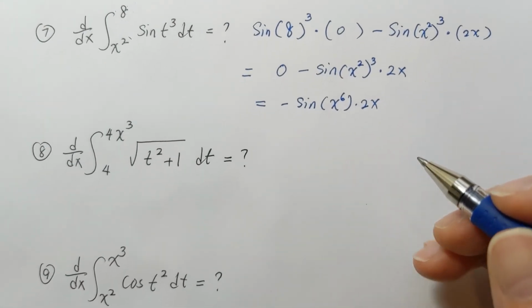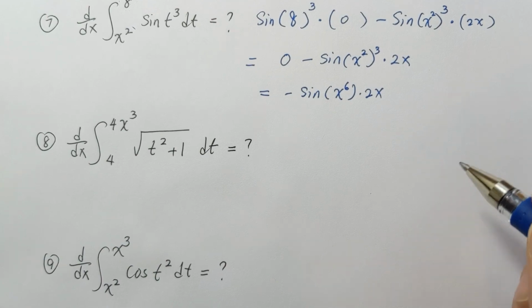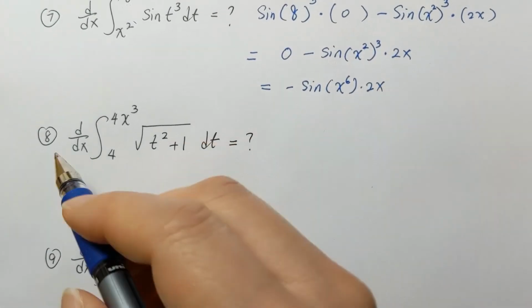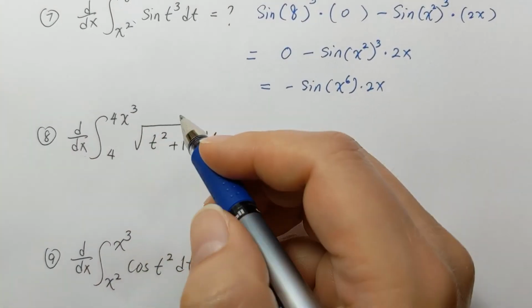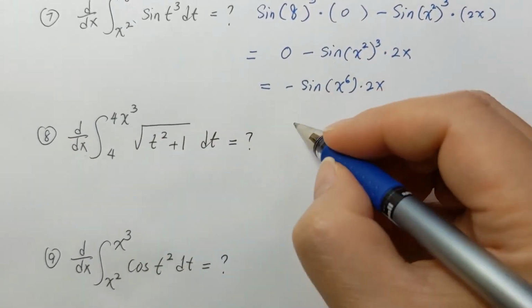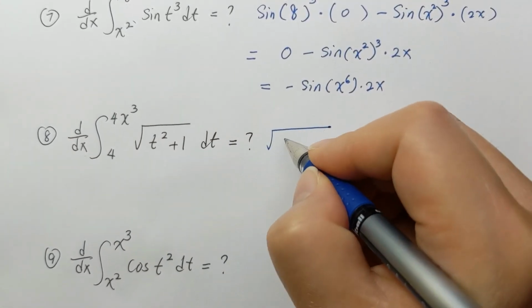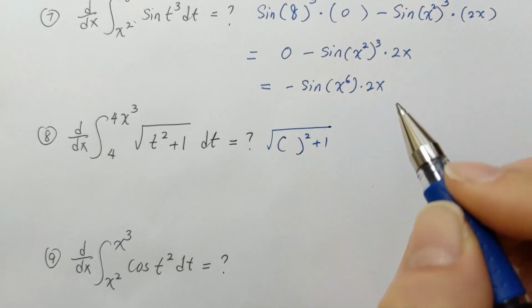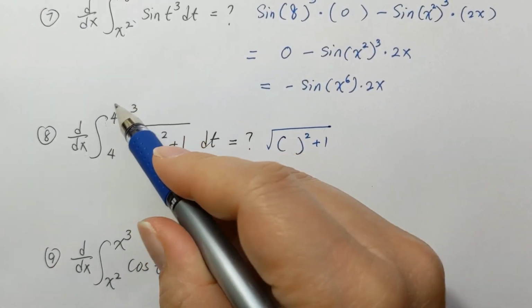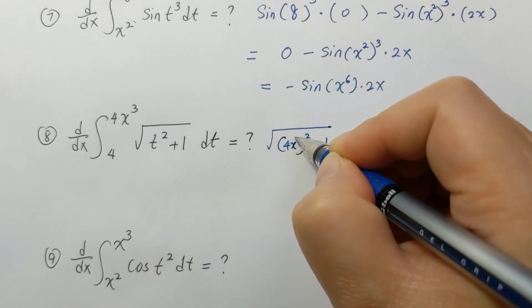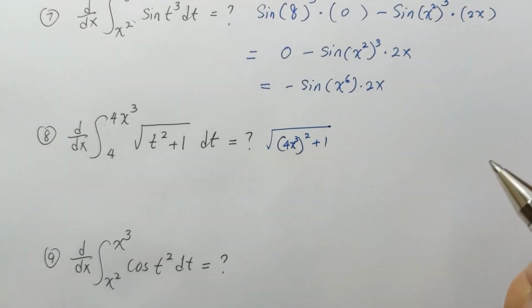Now let's take a look at number 8. This is also one of the homework questions. So we had to find the derivative of the integral. So whenever you see t, you put parentheses. So we put parentheses squared plus 1. So now we're going to replace with the 4x cubed inside the parentheses.